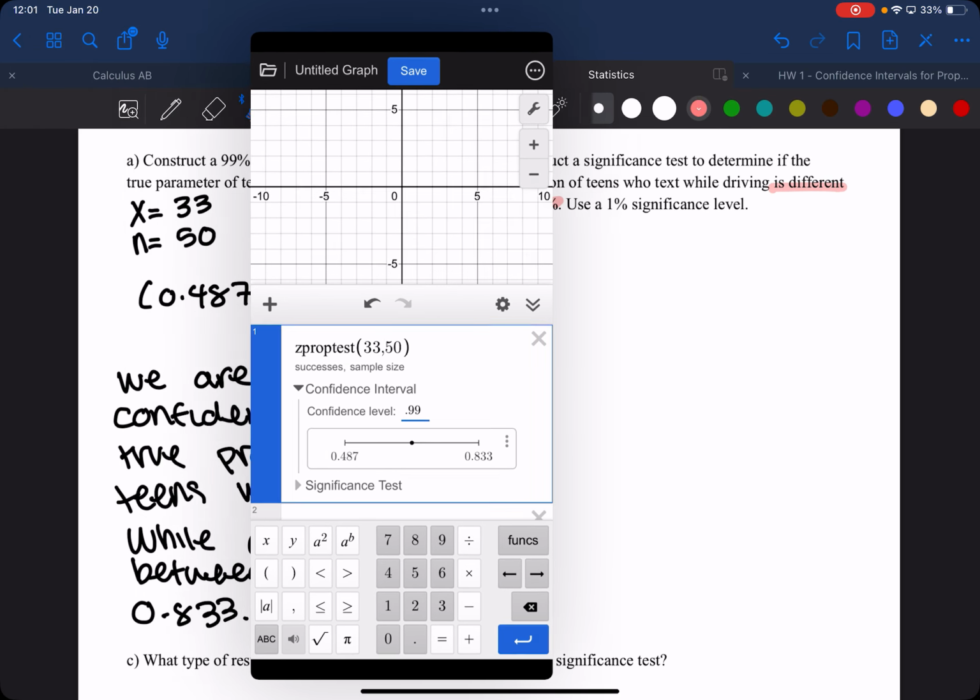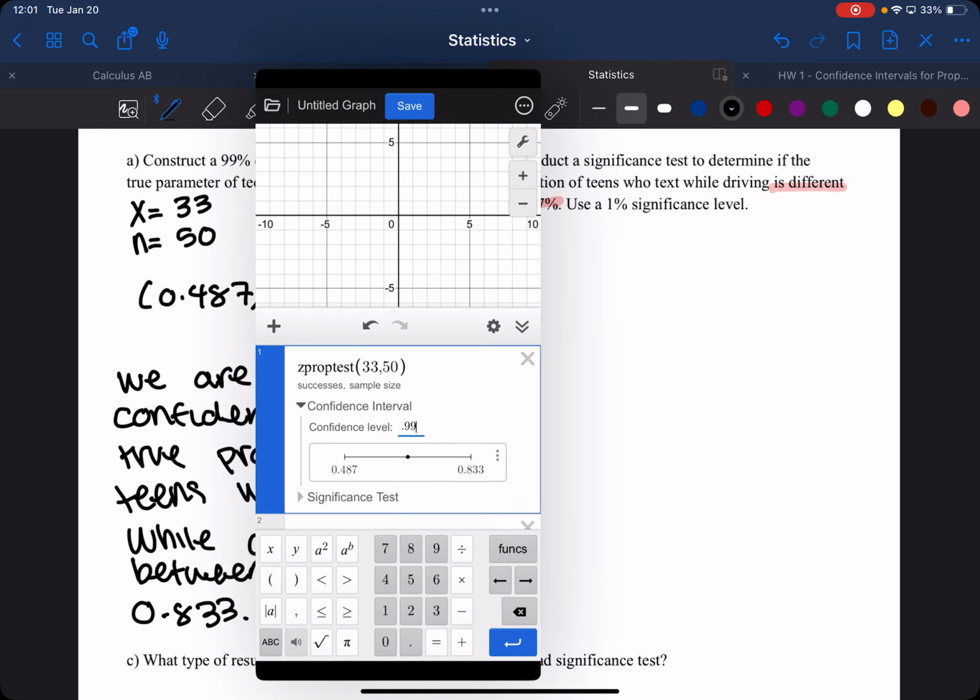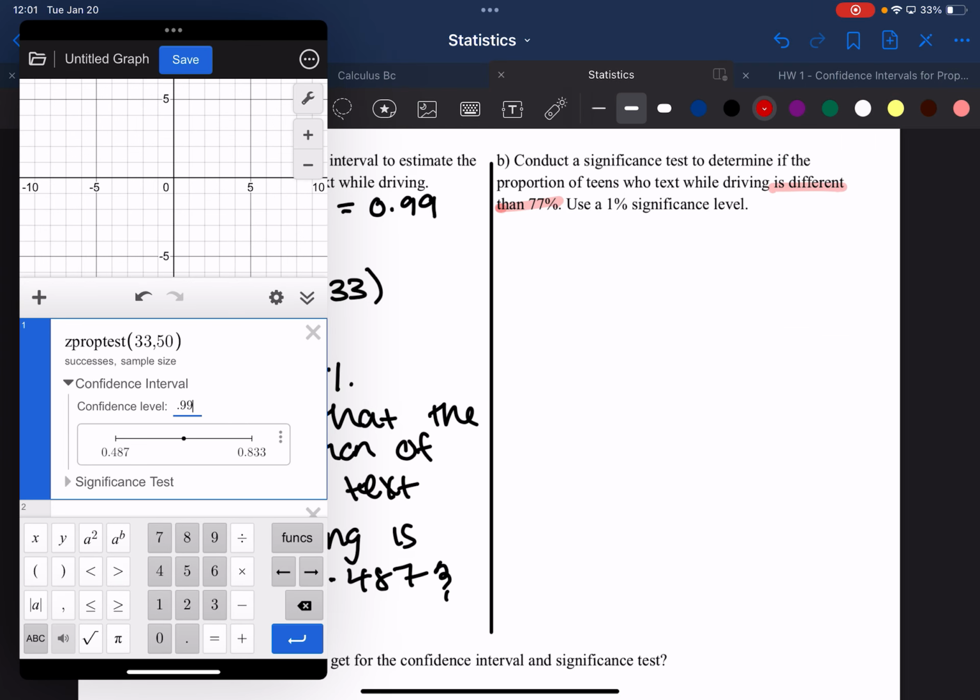Does it tell us direction? No, it doesn't tell us direction, so this is a two-sided test. If it said less than, greater than, bigger, or smaller, then we would know it's a one-sided test.